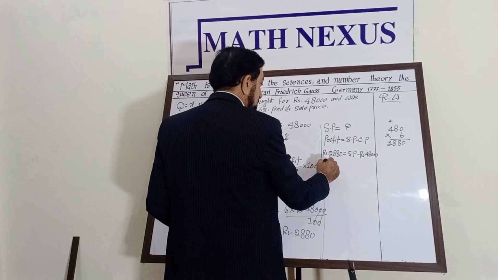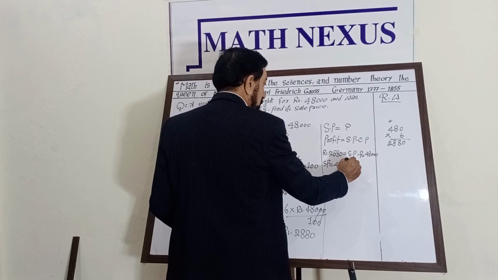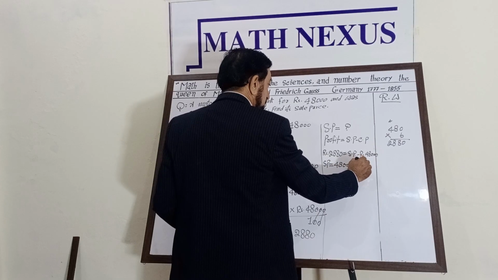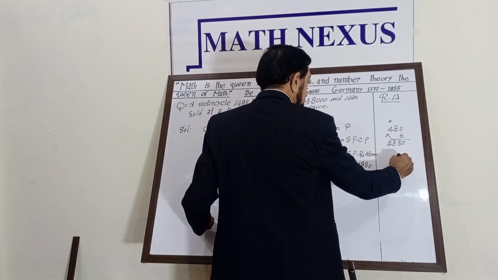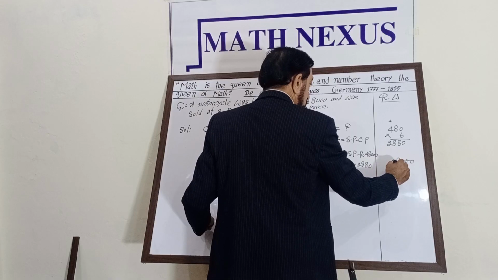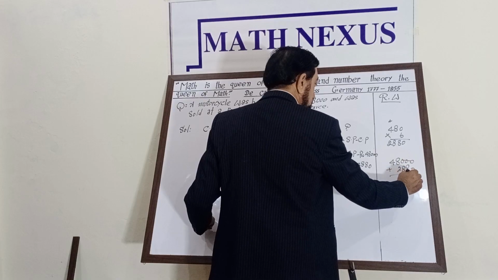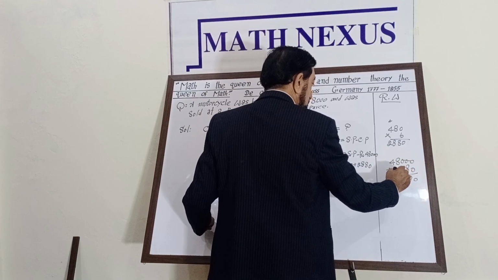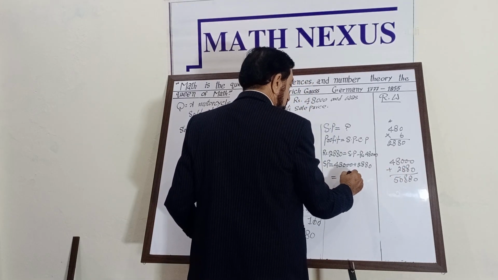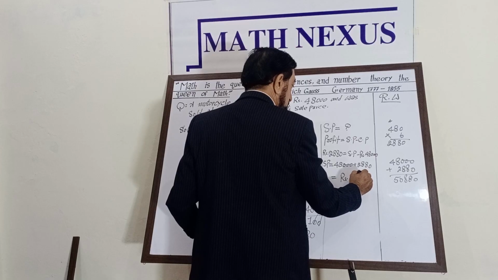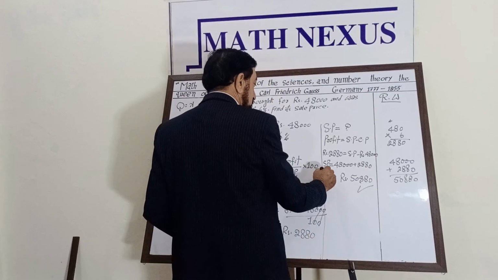Now sale price is equal to 48,000 plus 2,880, which is equal to rupees 50,880. This is the answer of this question.